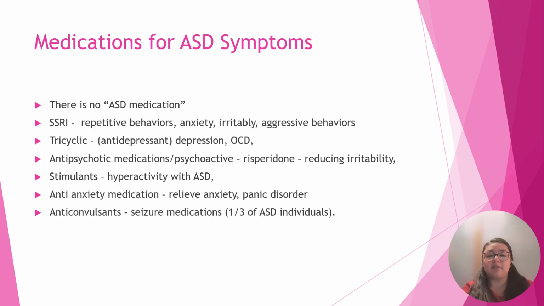Antipsychotic medications can be helpful for reducing irritability. Stimulants can be helpful with hyperactivity. Then there are anti-anxiety medications, and anticonvulsant medications are often seen for people with autism because of the common experiences. About 1/3 of ASD individuals experience seizures.